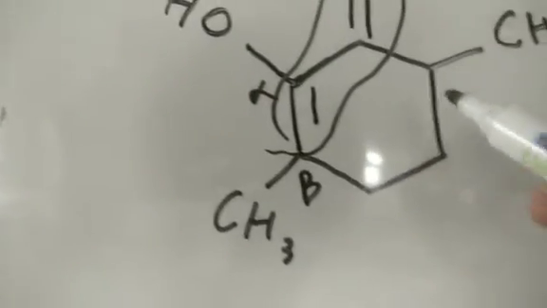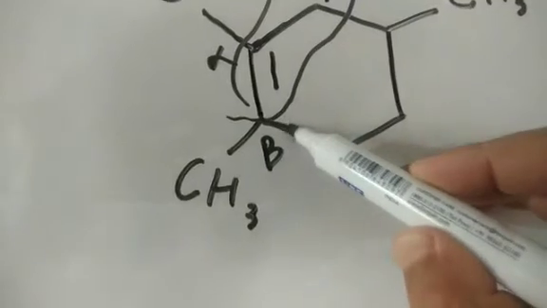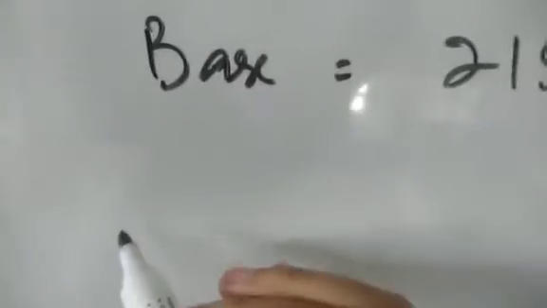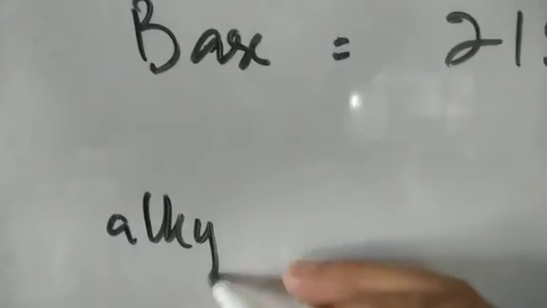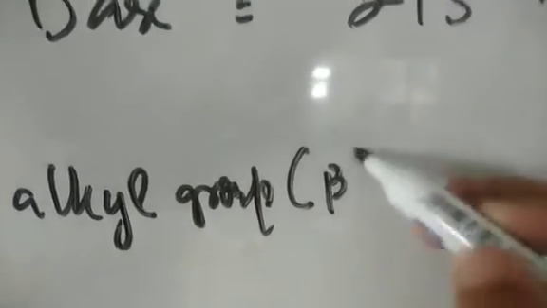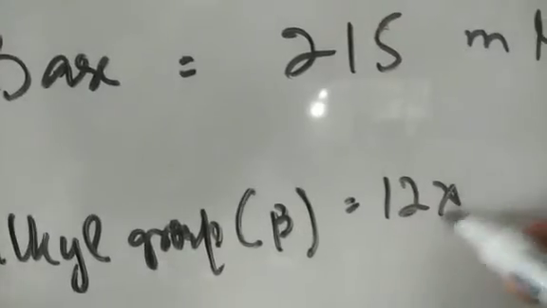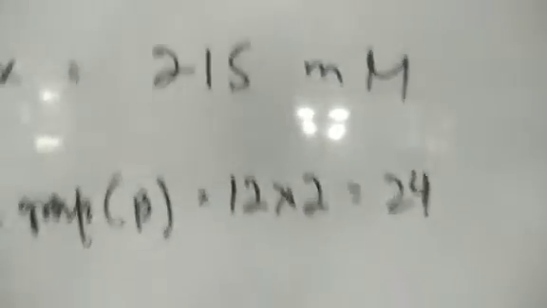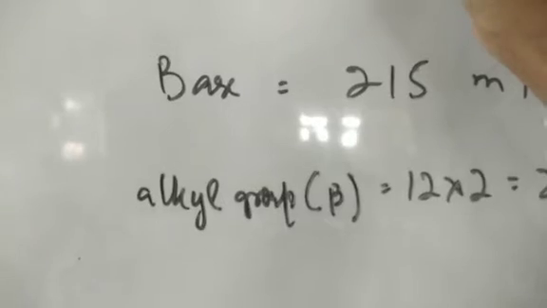Fine. So the alkyl group at the beta position is 12. So at the beta position, this is one alkyl group, another alkyl group. So the contribution of alkyl groups at the beta position is 12 into 2, that's 24 millimicrons. Now, is there anything else here?